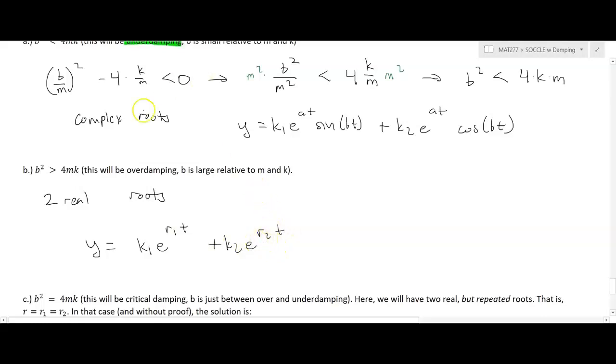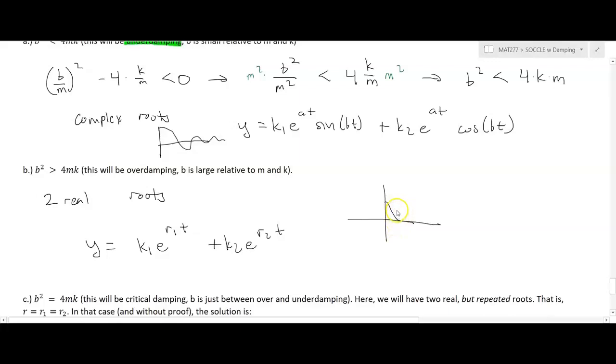That's called an overdamping of the system. Our graph will look something more like this, where you do have decay, but it takes a little bit of time. With two real roots, the example we encountered almost immediately stabilizes out.